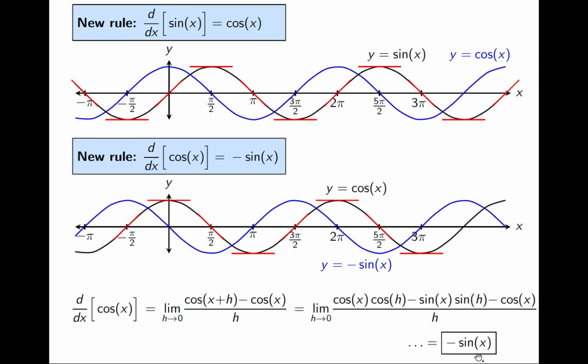You do get negative sine of x. So either take it on faith that this is what you get, or check these details, or read it in the text. The derivative of cosine of x, as indicated here, and also in this picture, does turn out to be minus sine of x.